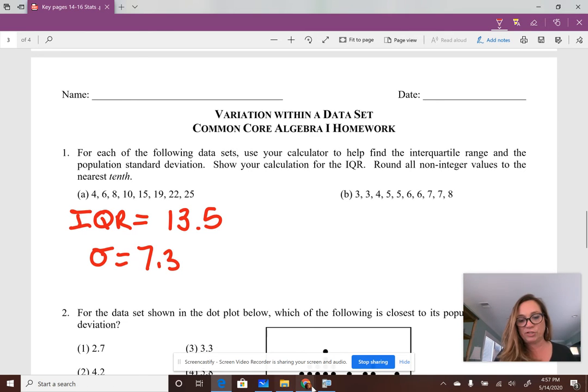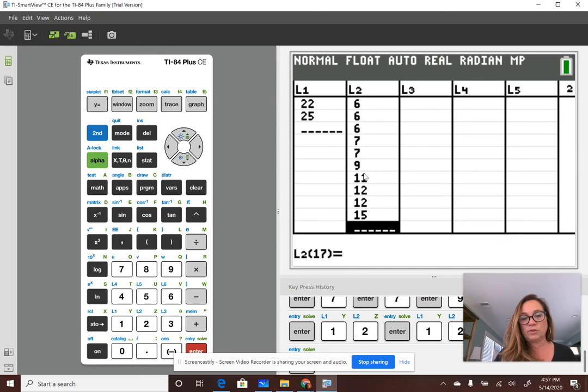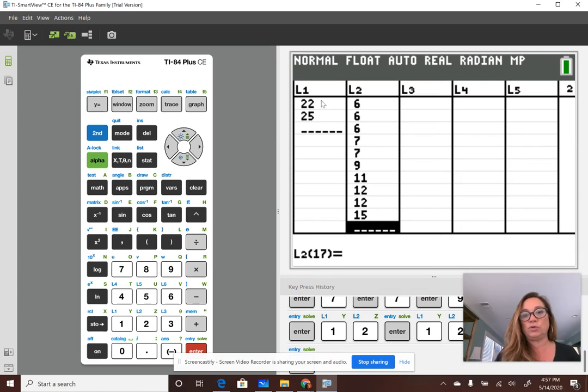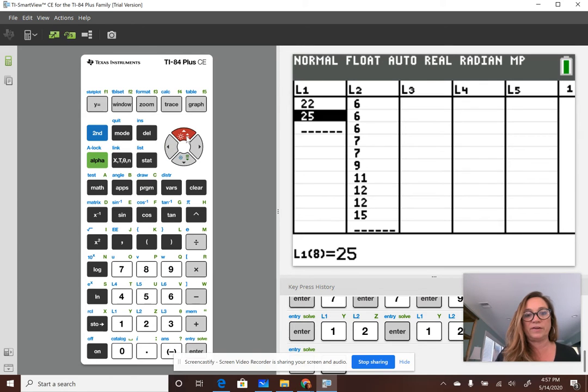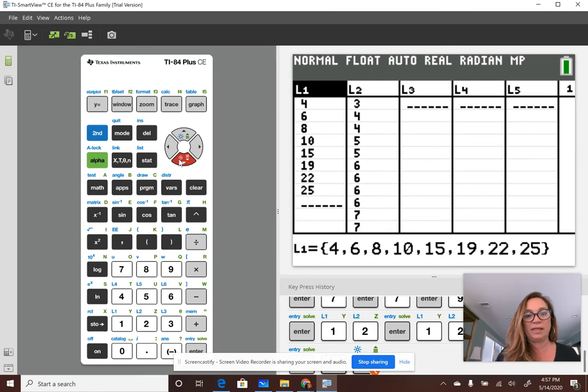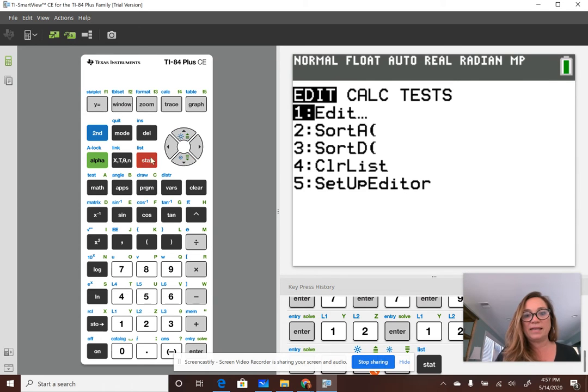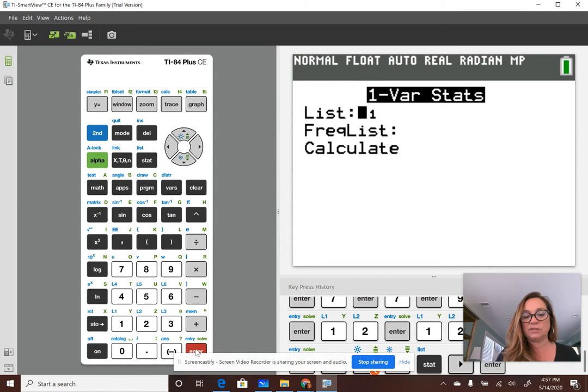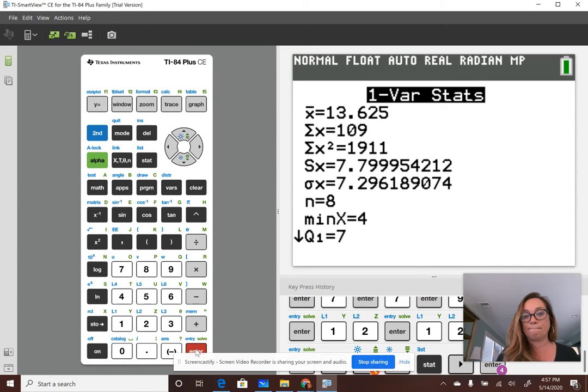All right, and again, I'm going to show you this on the calculator. So what I did is I entered the data into list one. Okay, so if you go over here to list one, you'll see I entered the data. Okay, so you do stat, you arrow over to calc, you do one var stats, you tell it where your list is, it's in L1, and then you hit calculate.